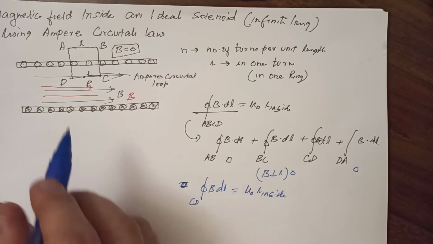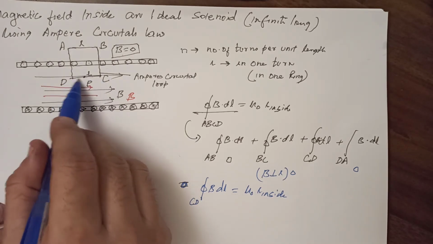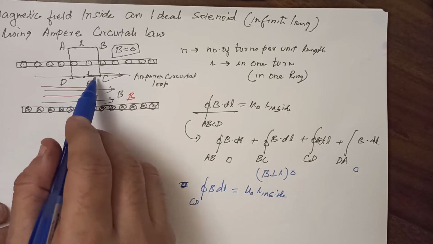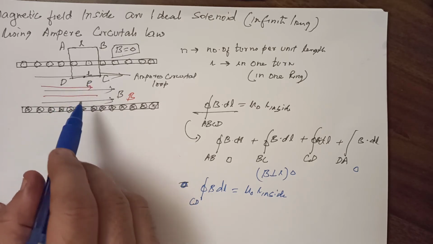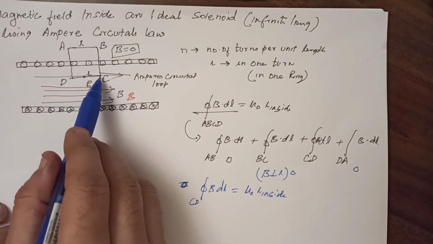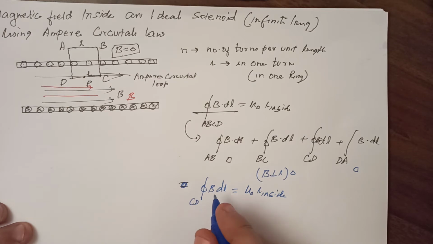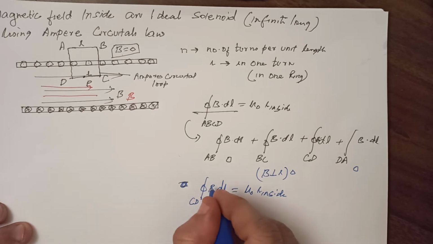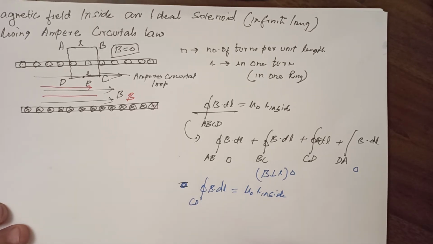Further, in CD the magnetic field is this and the length is this, so both are at an angle of 180 degrees. This is B dot dl, by the way. So I can write the integral of B dl cos 180 is equal to mu naught I inside, right?